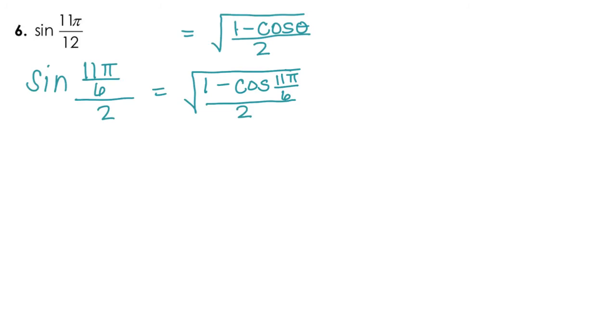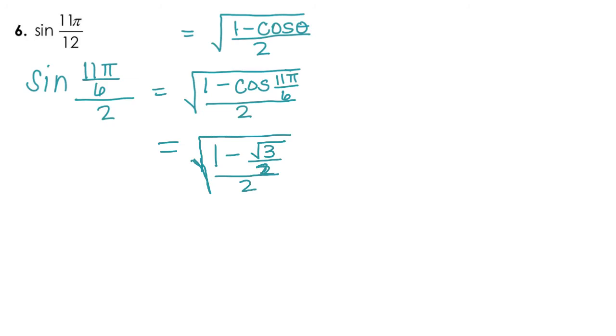So here, you're going to get the square root of 1 minus, and then here cosine of 11 pi over 6, that's going to be the square root of 3 over 2. And then all of this is over 2 and still under that radical.